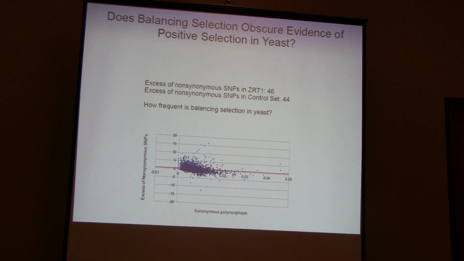So to get a little bit of a look into this, if you plot the excess of non-synonymous SNPs across all of the yeast genes, there's really no relationship with rates of synonymous polymorphism. We're not looking at all of the known covariates that influence this relationship, but at least at first glance, there doesn't appear to be a signal that would make us take a more detailed look at balancing selection across the yeast genome.